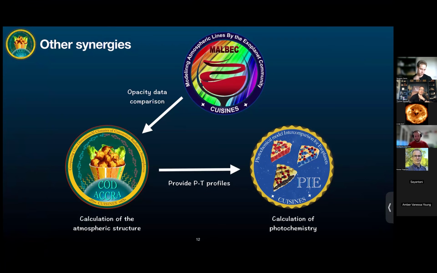That would be essentially the same flavor as the Malbec file, but this one would be the COD ACCRA file. Do you mean for the opacity data or for the outputs? The opacity data at the beginning, yeah.